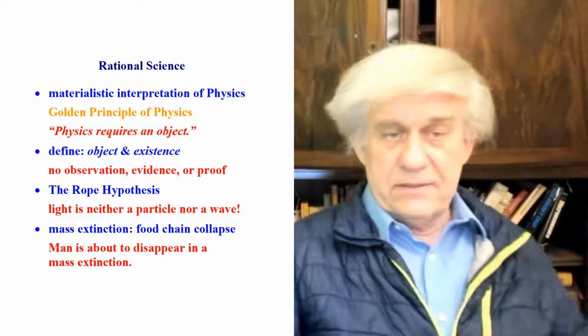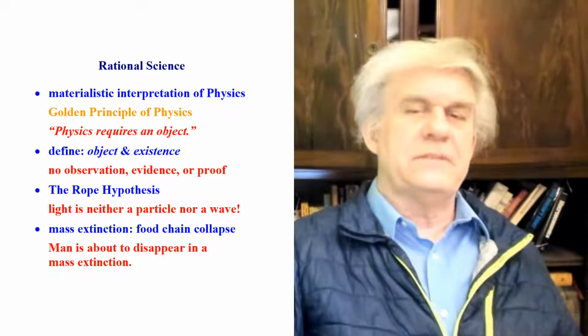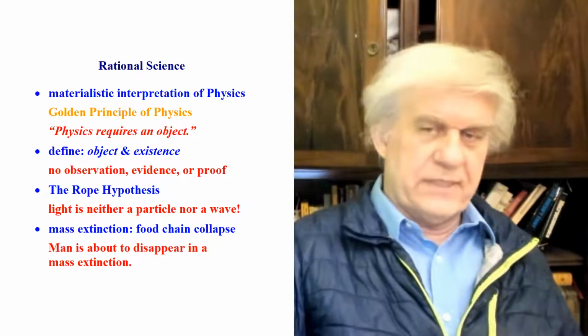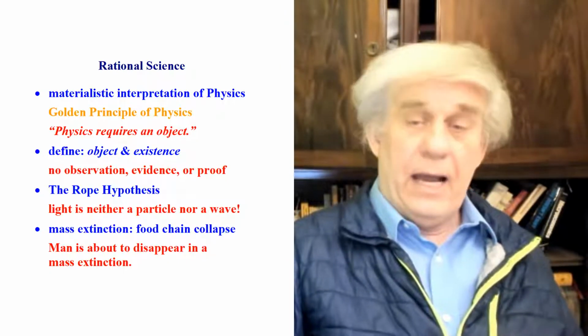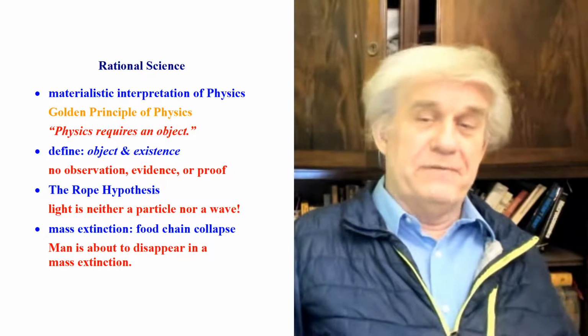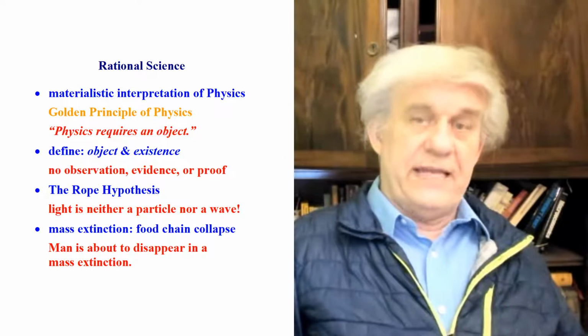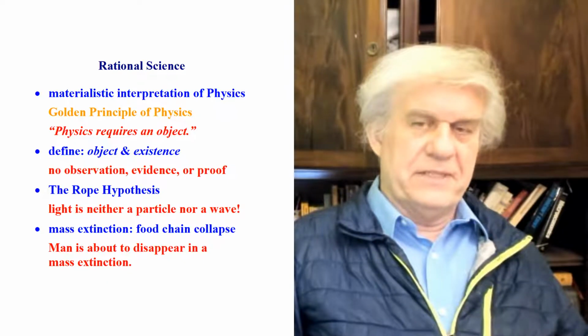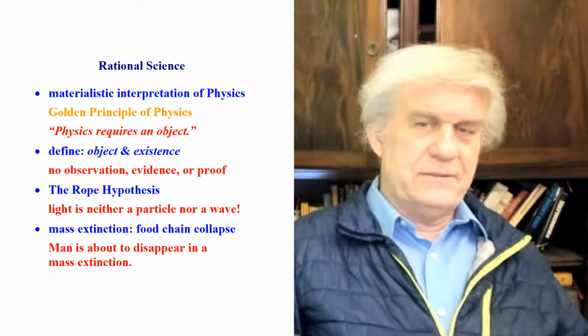And for that you had to start with the golden principle of physics. Physics requires an object. You can't do physics without an object. Imagine there was nothing in the universe, no objects, no somethings, no things, no entities, whatever word you want to use, body, substance.